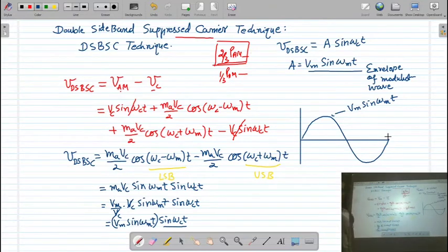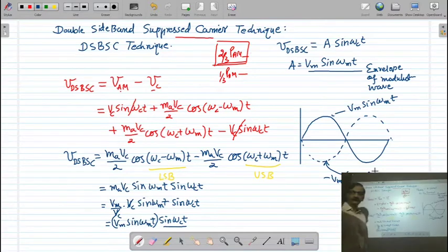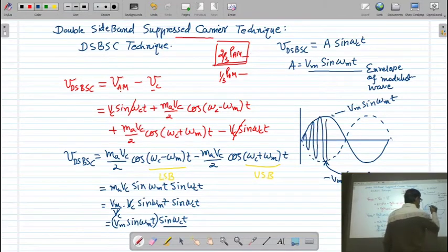When the sign is negative, then another envelope will be there, and we can represent it in this way. This is representing minus Vm sin omega mt. And in between we have a modulated wave like this.